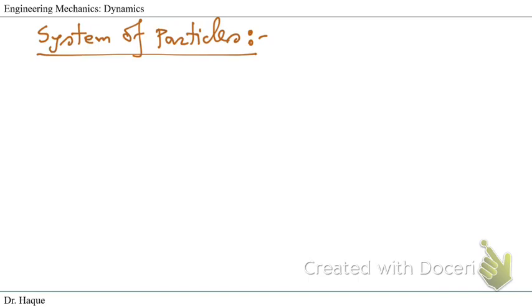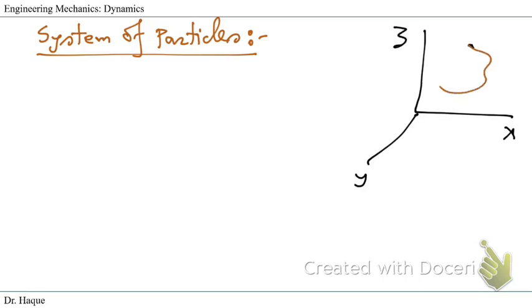We derive the problem or formulate the equation for one particle, and then we talk about a whole body which contains a lot of particles. So let's draw an example. X, Y, Z, and we have a body here that has, for example, a lot of particles inside.